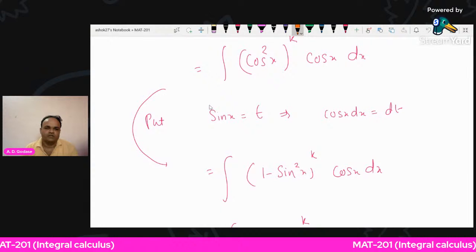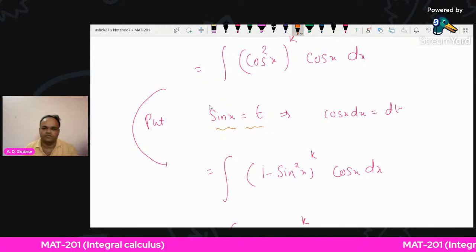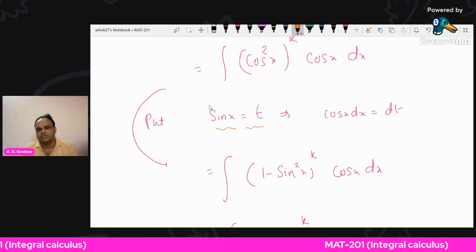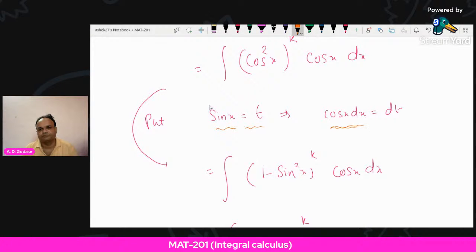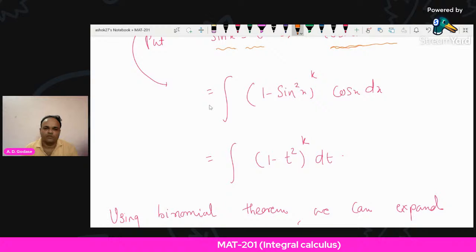Here we are making one substitution, that is we are putting sin x equal to t. So it implies cos x dx equal to dt. So the resulting integration becomes integration of 1 minus t square its power k dt.